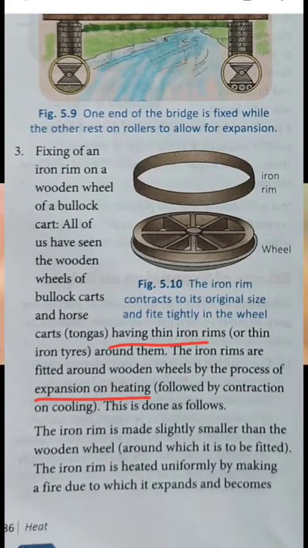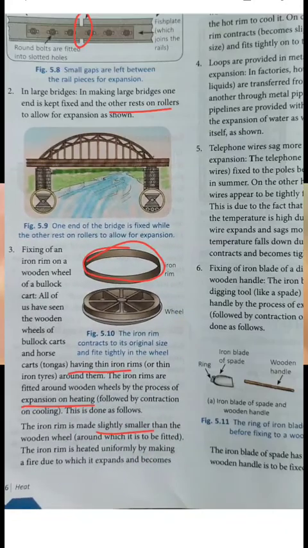The iron rim is made slightly smaller than the wooden wheel so that it can be fixed. And in summer, if it expands, it should not come out of the wheel, so that an accident does not occur.